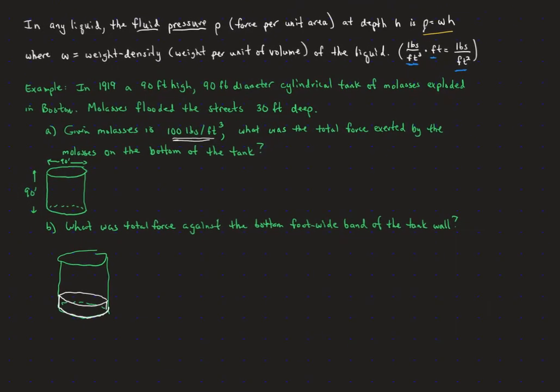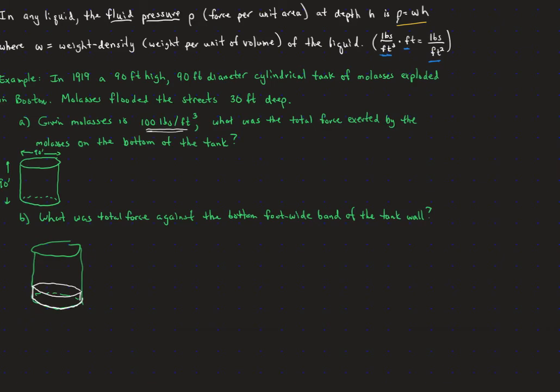What's the force per unit area? That's going to be the weight density times the depth, the height. So our weight density was that 100, and we're going to multiply that by the depth. Since the bottom of our tank is at 90 feet, we are getting 9,000. That's going to be in pounds per square foot. So that's what we've called P.